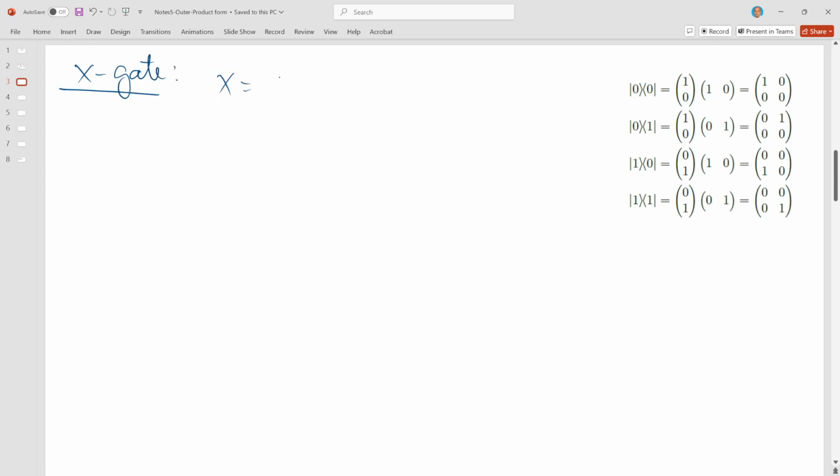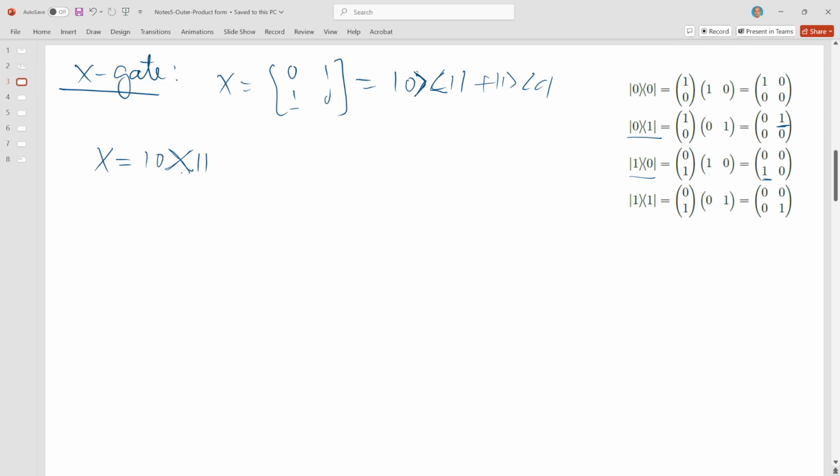So X was this matrix 0 1 1 0. So if I use this, I have this non-zero entry 1, so this corresponds to this, so I can write |0><1|, and then there's this one over here, so I can write plus |1><0|. So that is the outer product form for this operator. Sometimes instead of writing this bracket like this and then this bracket separately, some people just write this cross.